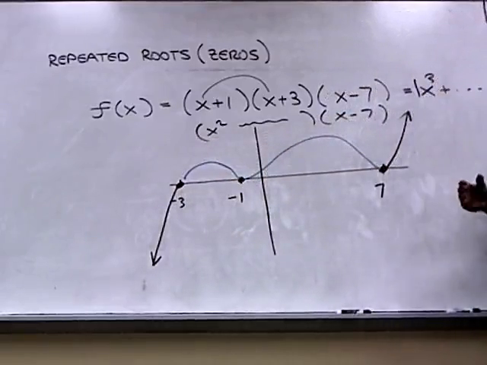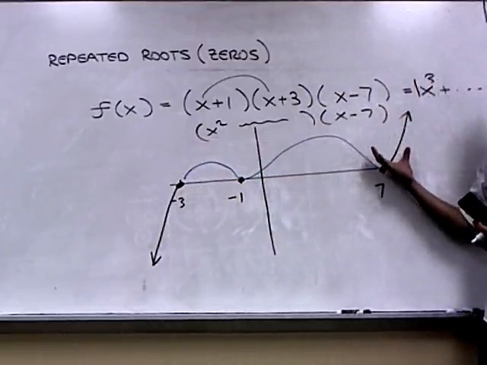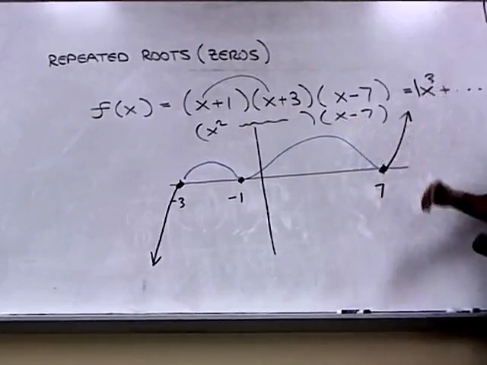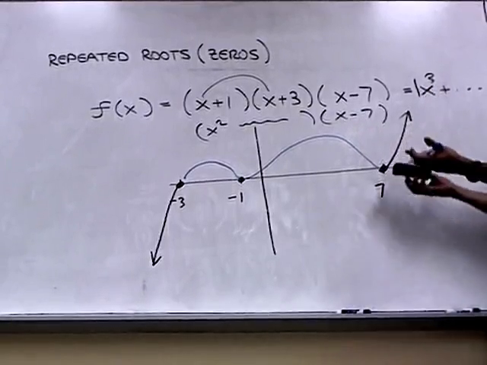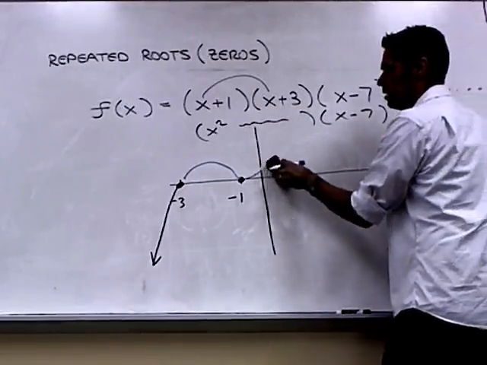Remember with parabolas, we could have the vertex just hit the x-axis? Same thing here. Could we have that polynomial just touch there and go back up? Sure. So it could do that, right? Could it do this?